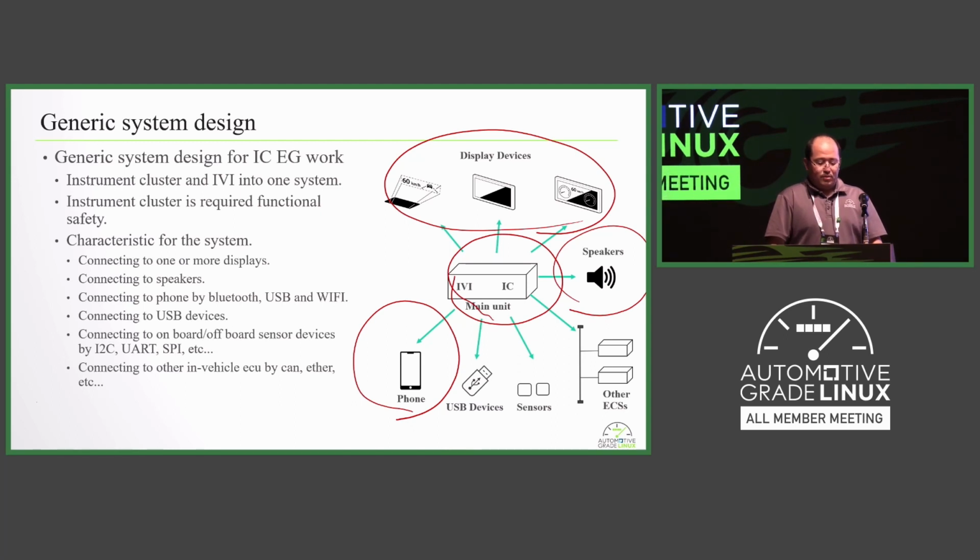It also connects to USB devices, such as USB mass storage class, and to on-board and off-board sensor devices using I2C, UART, SPI, and other peripheral interfaces. And it connects to other in-vehicle ECUs by CAN, Ethernet, etc. These are our generic system design.